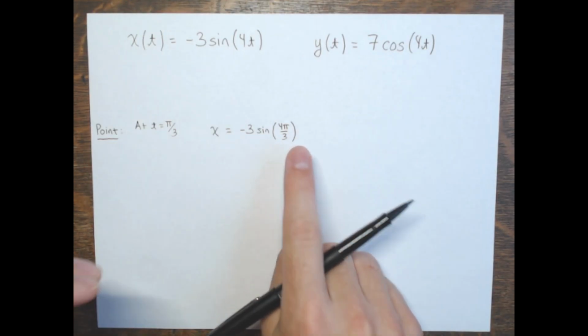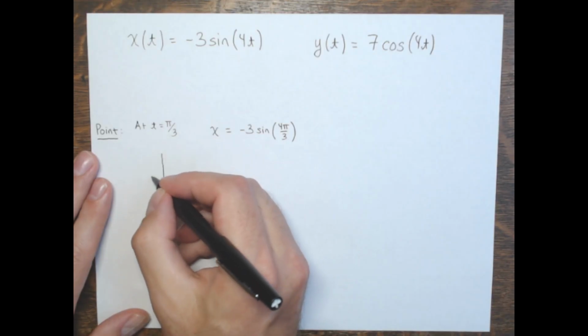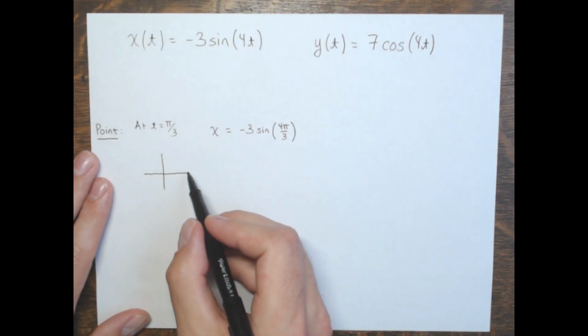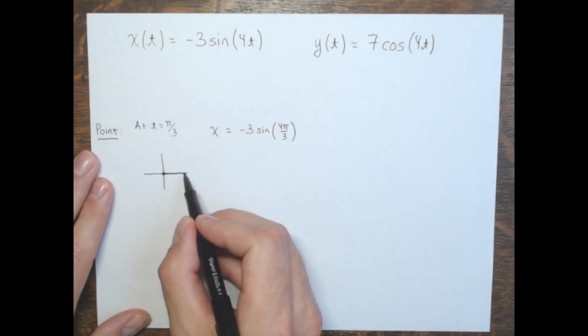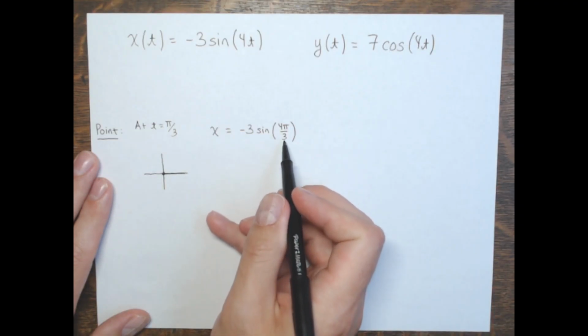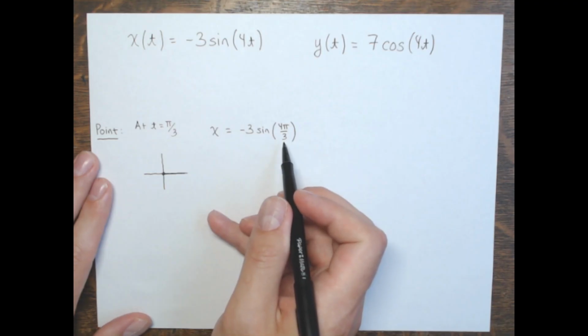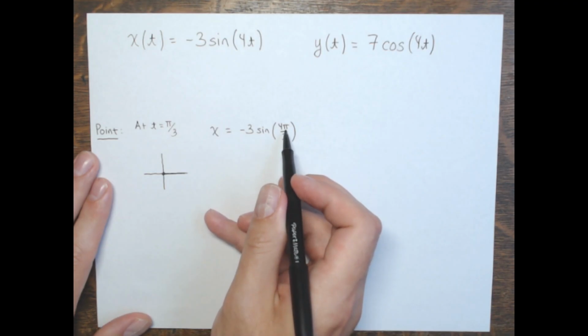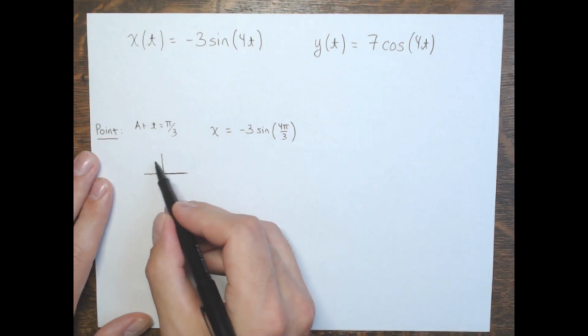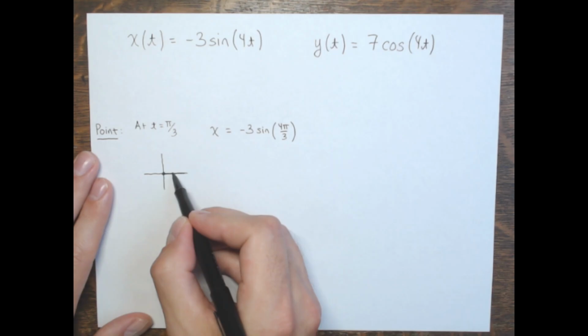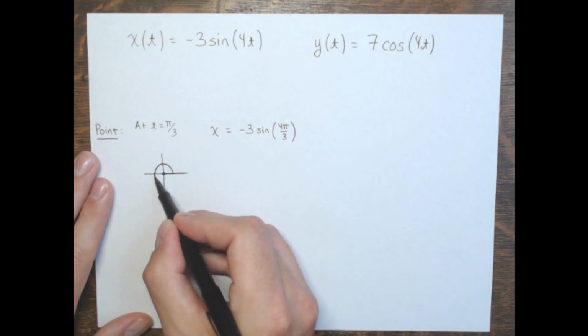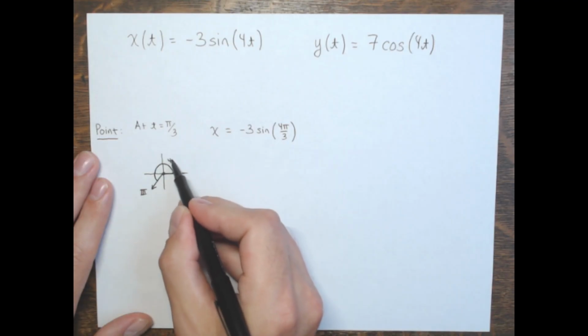Now remember 4 pi over 3, it's just a real quick refresher here. If you were to draw that 4 pi over 3 angle, remember pi over 3 is 60 degrees, this is in radians here. 4 of that would be 240, right? So you'd be going counterclockwise and you'd be in quadrant 3 here. There's a 4 pi over 3.